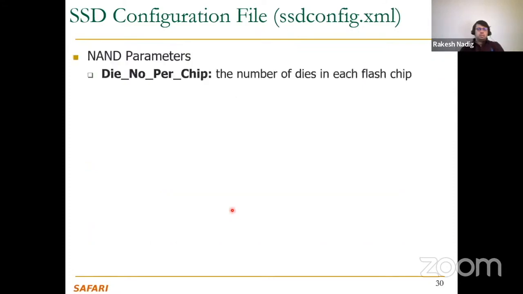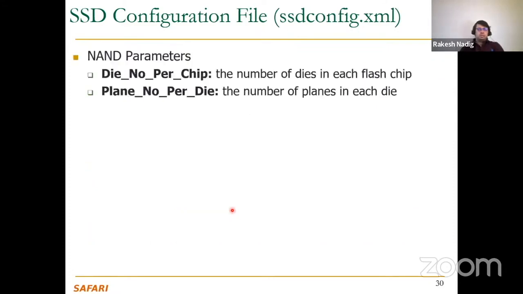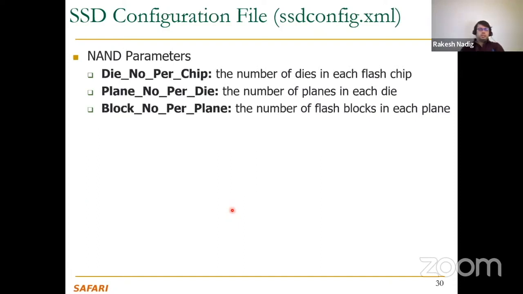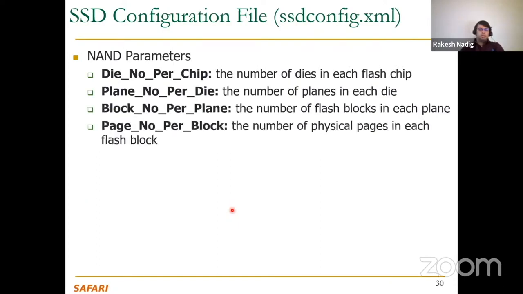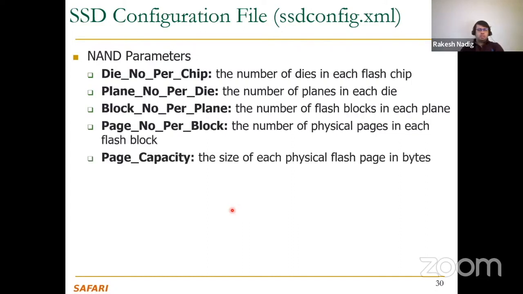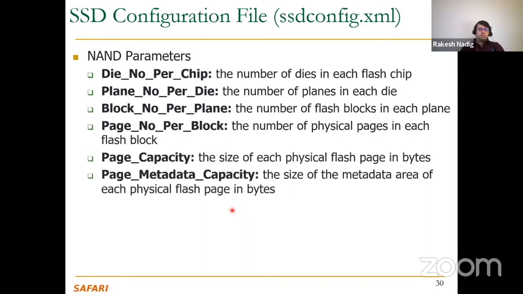Then we have some more parameters like how many dies are there per chip, the number of planes per die, the number of blocks per plane, and the number of pages per block. And we also have the page capacity and the metadata capacity.